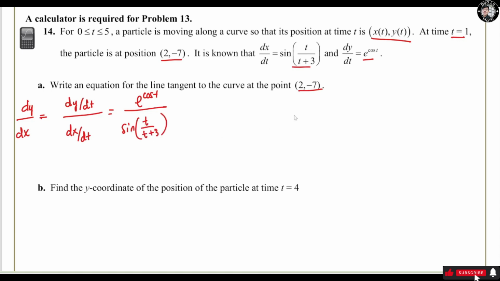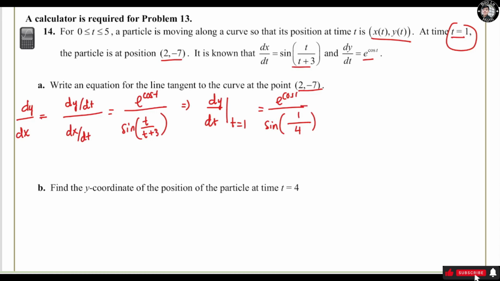Now t equals 1, substitute 1 for t, so you have dy over dx evaluated at t equals 1 equals e to the cosine of 1 divided by sine of 1 over 4, right?